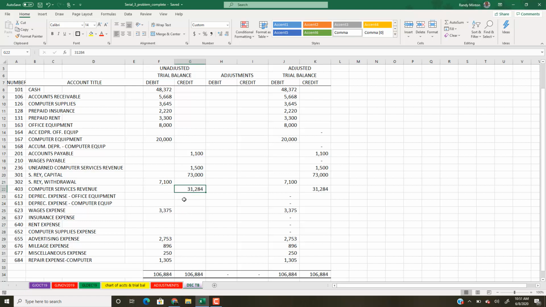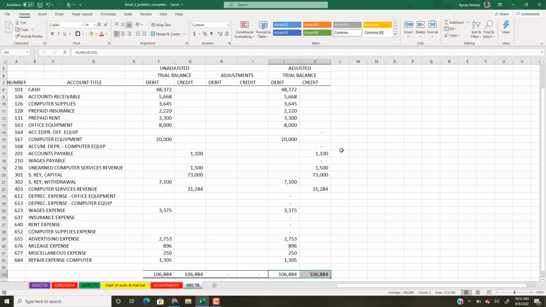It went up, but I can't remember what the old one was, but it was probably like 24,000 or something like that. And so now we have a higher number here in the revenue and higher numbers in some of these other areas as well, some of these expense areas. Okay, so right now, if you look down here, you'll see that I have 106,884 and 106,884 over here.